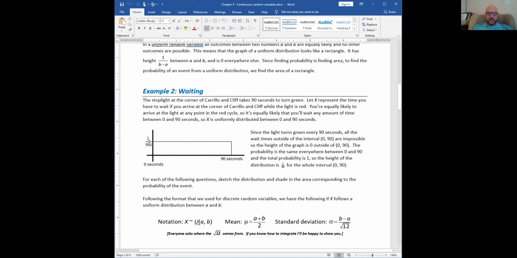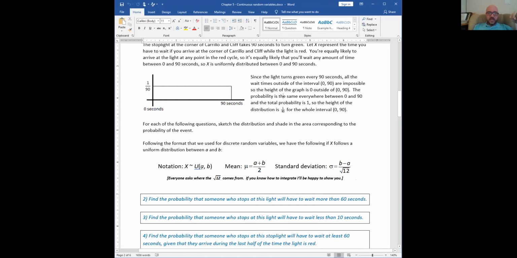So it has to be 1 over whatever the length of the base is, which, by the way, we're going to notate as U(a,b), like this. Right, so U for uniform, and then a, b for the left and right endpoints of the uniform distribution. So in this case, a is 0 and b is 90. So the way you find how long the base is, b minus a, right?